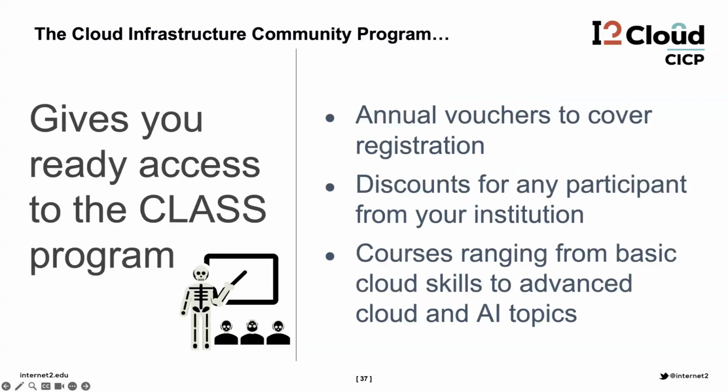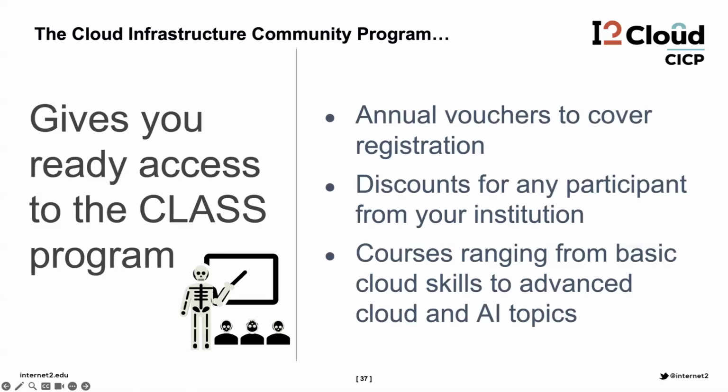So hopefully many of you are familiar with the class program. In the CICP, participants will get annual vouchers that they can apply towards registrations for class programs, doing away with the time and hassle of trying to get payments through either P cards or POs for classes.